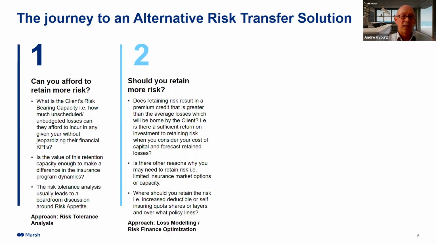George and I have had a lot of these discussions with our clients. What we usually see in that phase 2, with the question of whether you should retain more risk, is that we can probably already tell whether it's necessary to go through a proper feasibility study to set up a captive or some other alternative structure, or whether it won't make sense.